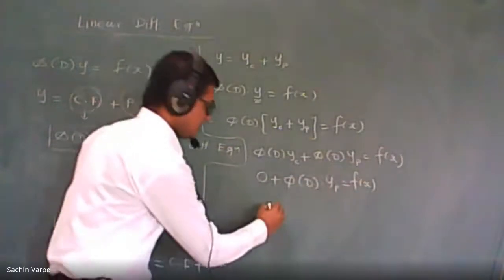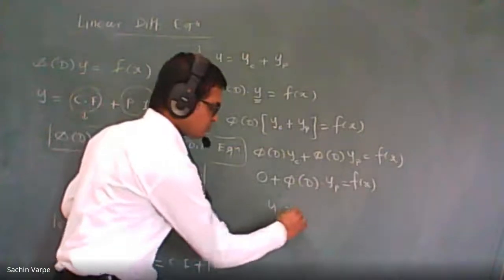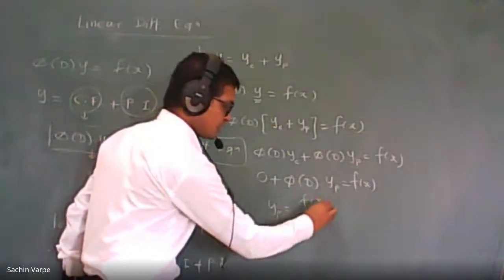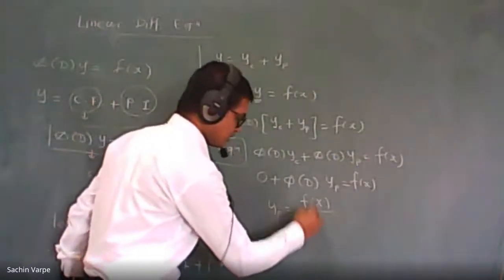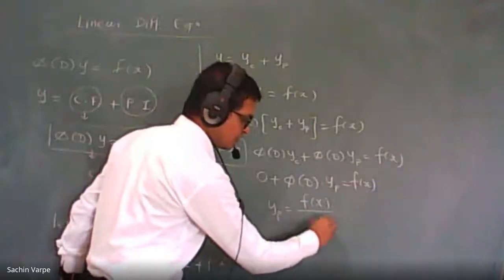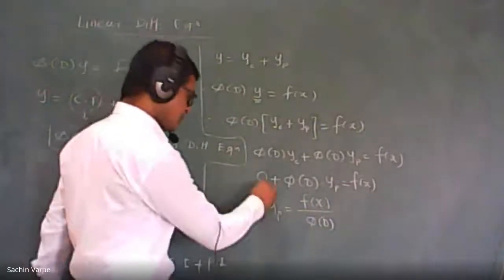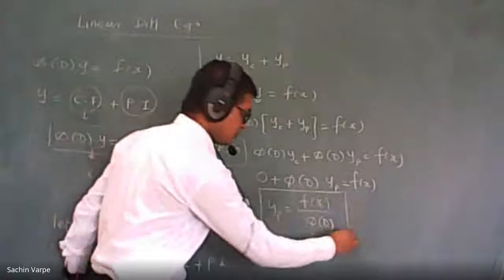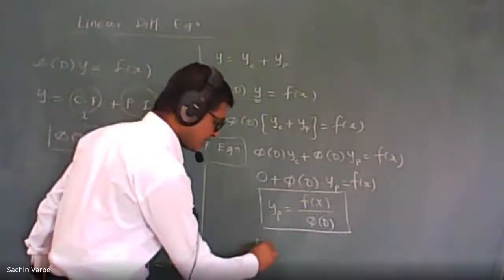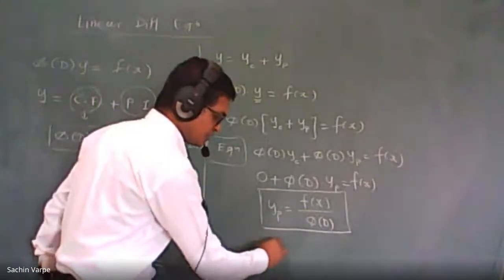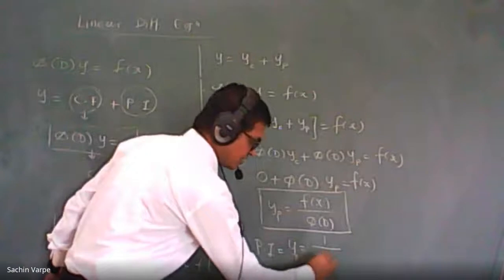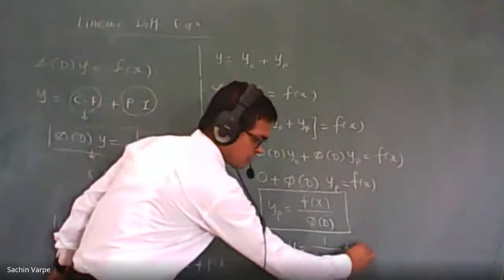Yp is equal to f of x upon phi of D, or 1 upon phi of D into f of x. Is it okay? So this is the formula for the particular integral. Let me write again. PI is nothing but yp, and that is nothing but 1 upon phi of D into f of x.